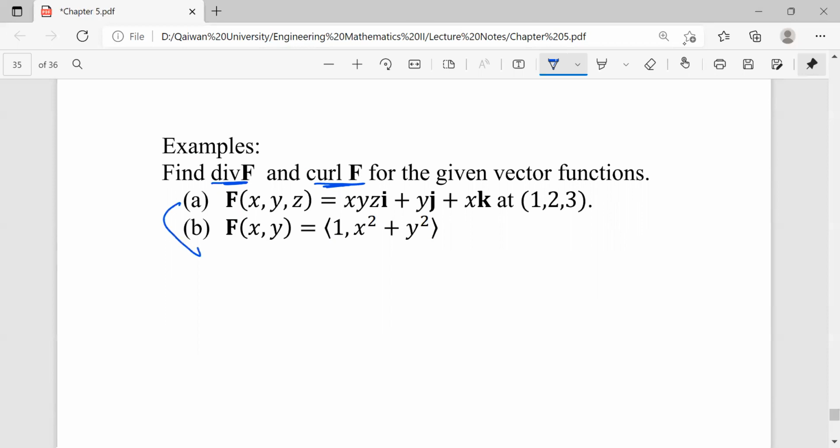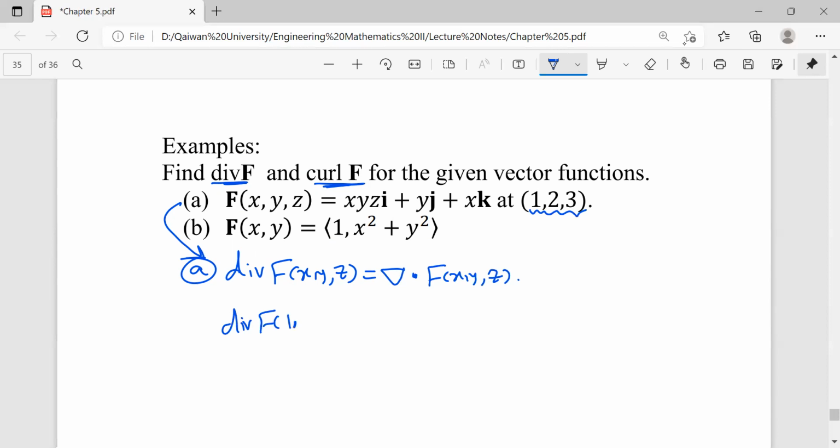For the first one, let's say part A, first we find the divergence: del dot F of x, y, z, and then evaluate it at the point 1, 2, 3.